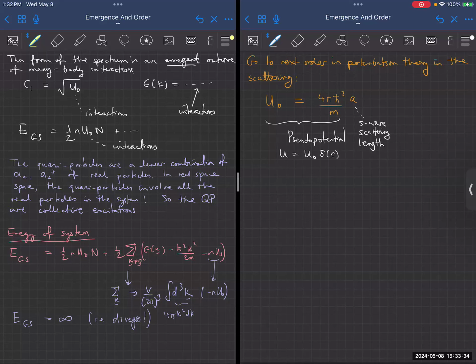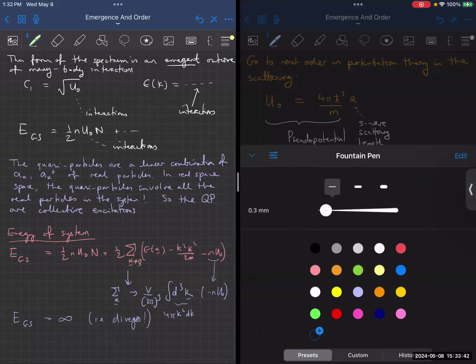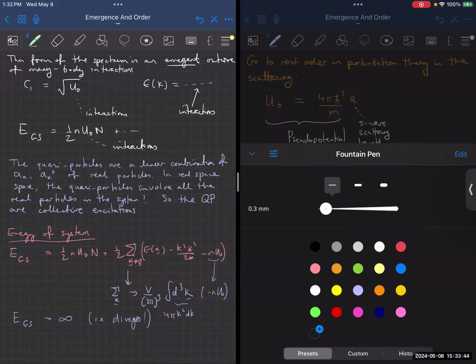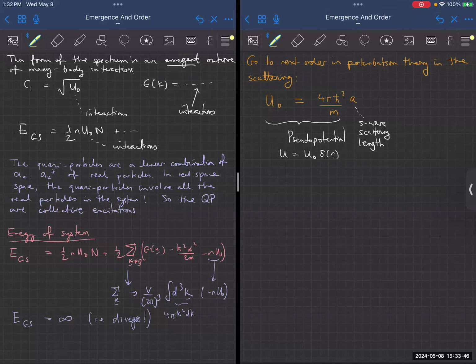Again, I'm deliberately not going into the quantum mechanics of how you do that scattering. That is technical, but we don't need to worry about it. I just want to tell you the result.